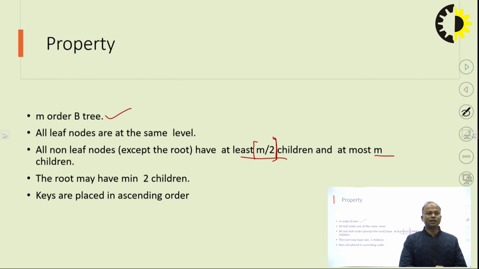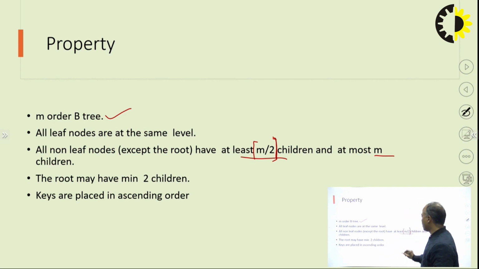For example, if m equals 5, then 5 by 2 equals 2.5, so we have to take 3. Therefore, a minimum of 3 children will be required for a non-leaf node if the value of m equals 5.